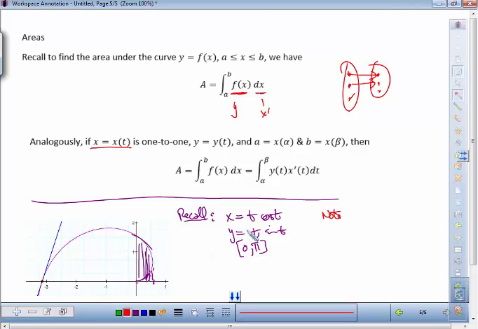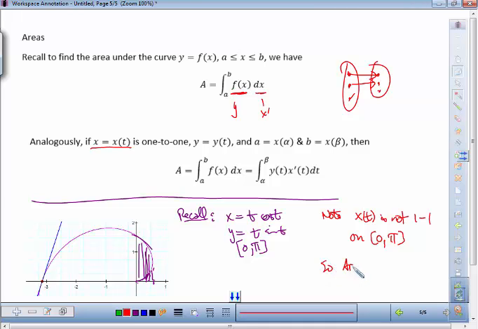So note that x of t is not one-to-one on the interval that we're looking at, from 0 to pi. And so finding this integral of the area under the curve is not defined.